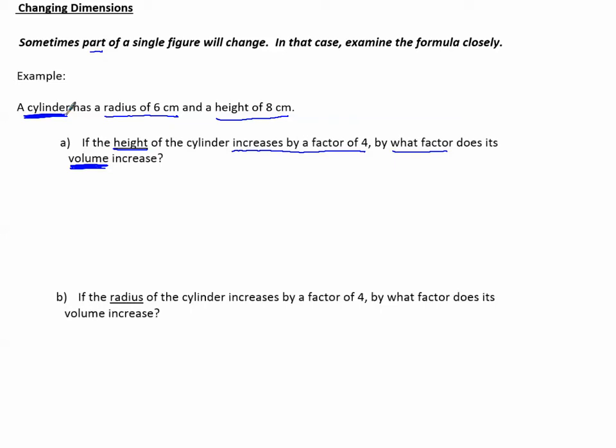Going to our formula sheet, we find the formula for volume of a cylinder is V equals pi r squared h. Now, when something increases by a factor of 4, factor is something that is multiplied.